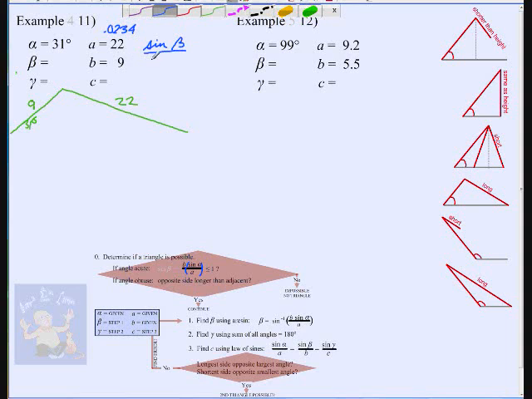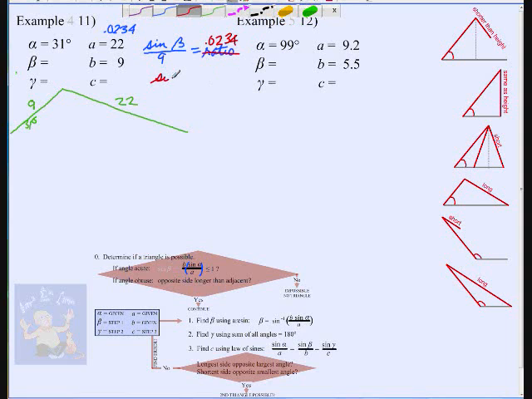Sine of beta divided by the opposite side equals my ratio, and my ratio is 0.0234.